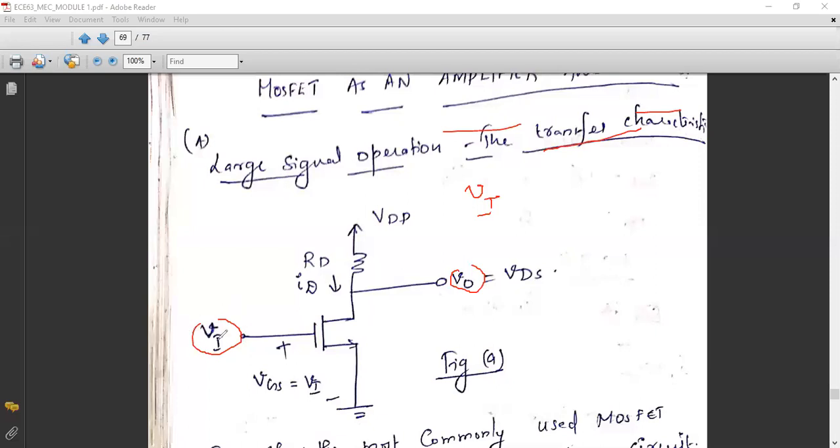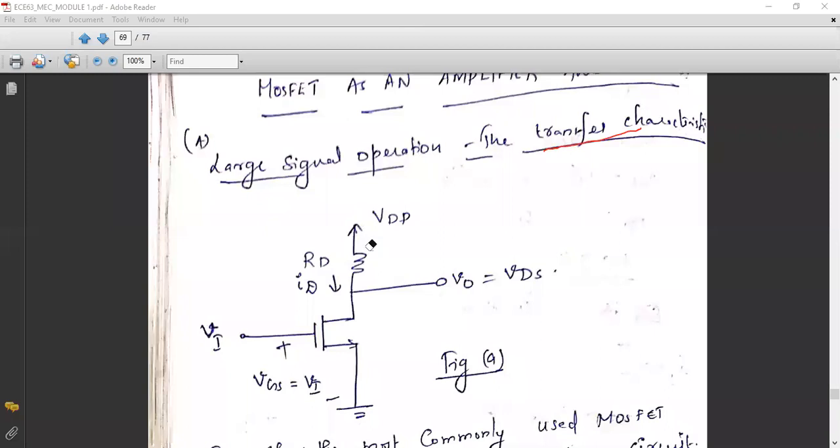So Vi is the analog signal or AC signal for the amplification purpose, and for the proper biasing, we have given a supply voltage VDD also. So the circuit analysis is the combination of both AC and DC together. That is why the input and the terminal voltages and the currents have been represented with a combination of lowercase letters and the uppercase subscript.